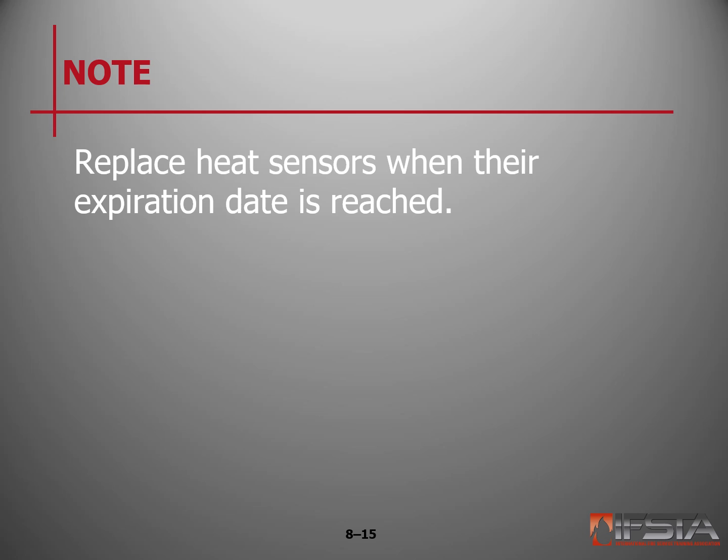One thing to note here is we want to replace these heat sensors when their expiration date is reached. And it's kind of funny, everything has an expiration date. A few years ago, we were checking ladders and doing the yearly test, and the inspection guy came up and said, hey, all of these labels are now expired.